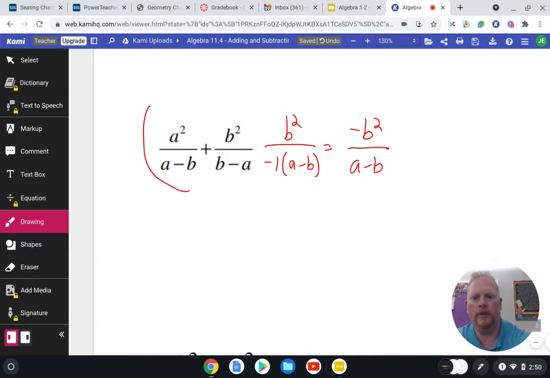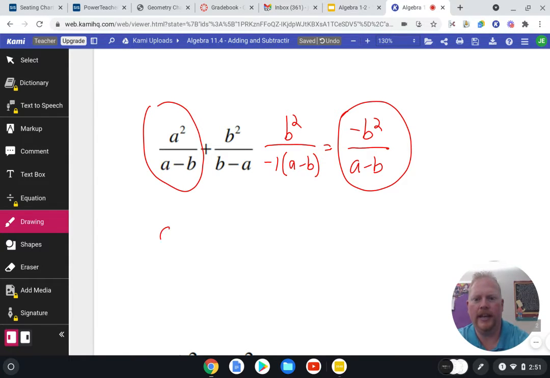And now that first fraction and the second fraction, they now have common denominators. So this is kind of a weird case, but I did want to make you aware of it, that if your denominators are opposite factors, you can do a little mathematic gymnastics here and make it work.